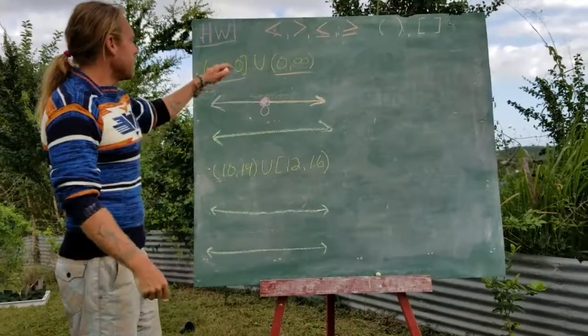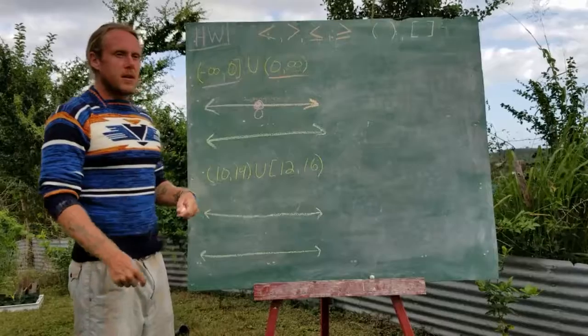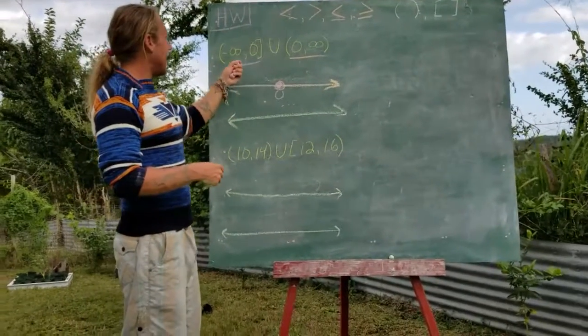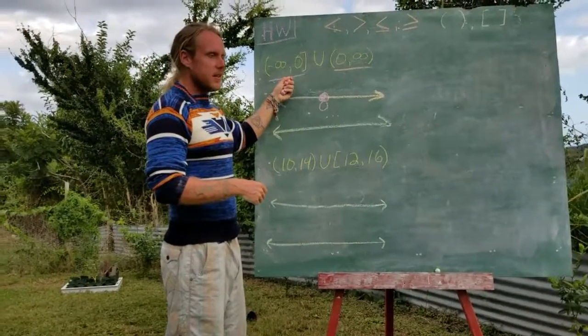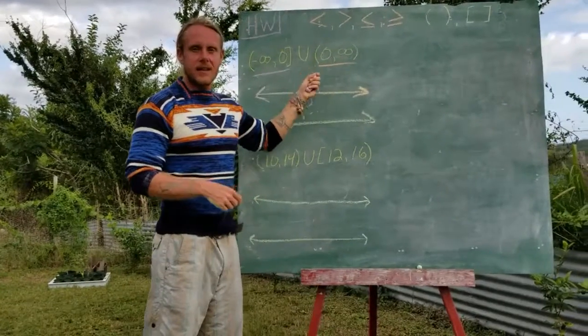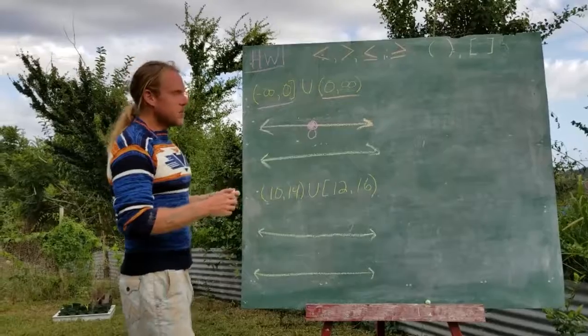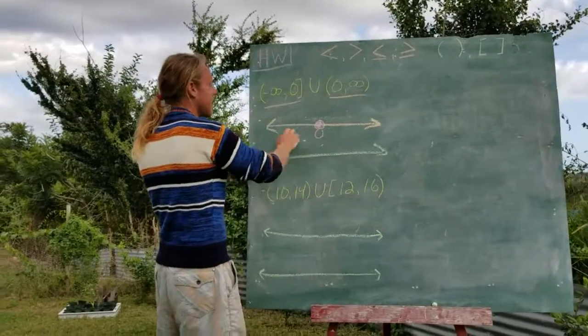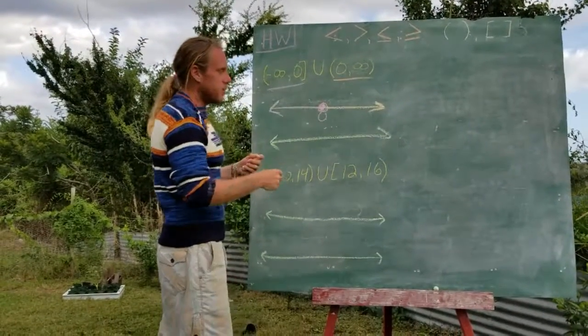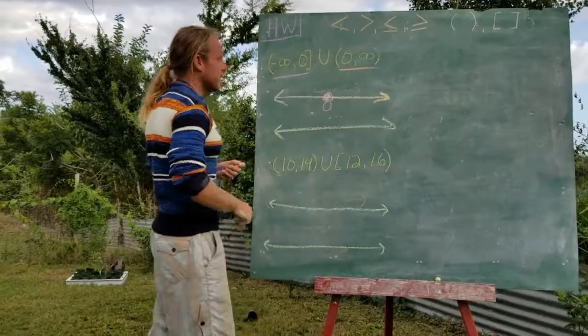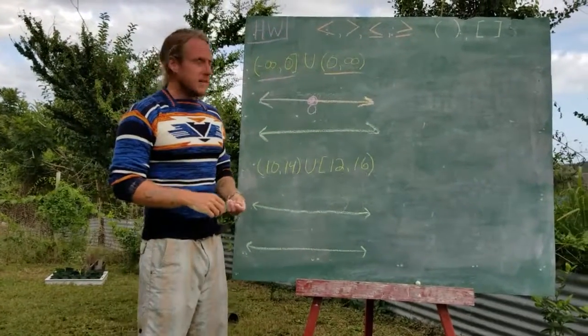So remember, the union are all the elements in either the first set or the second set, and of course including all elements that are shared. So in other words, all the elements that are colored, that are not this pale seafoam green color on our particular number line, constitute the union of these two sets.